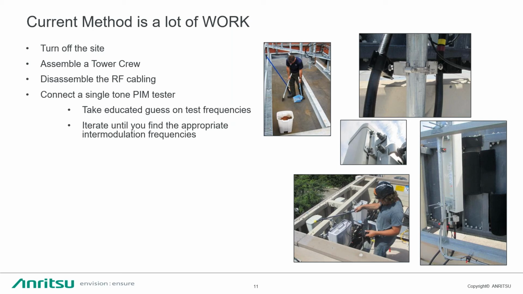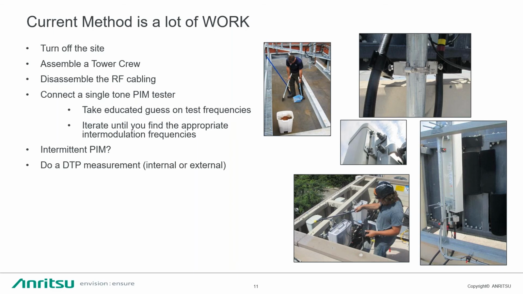You connect your PIM tester, where sometimes you can take an educated guess on the test frequencies, and sometimes you have to do an iteration to find the appropriate IM products. If the PIM is intermittent, you have to arrange everything together for when the PIM happens, so that you can do the analysis at the exact time of day that the PIM actually occurs.